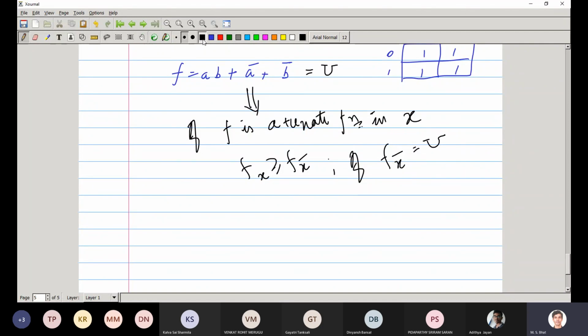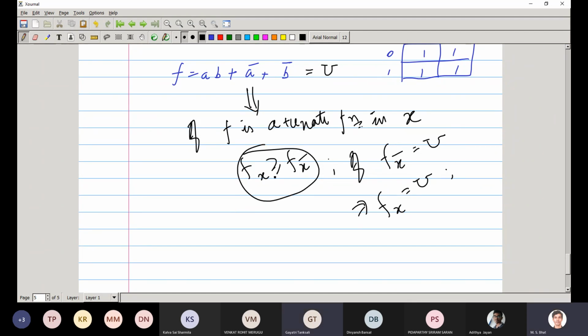Then I can straight away say fx is also universal, since fx contains fx bar. Do you agree? Yes.